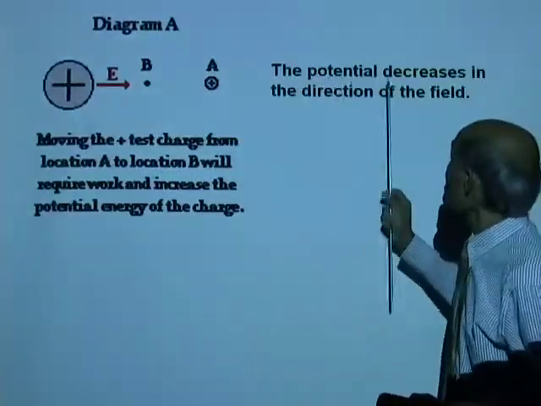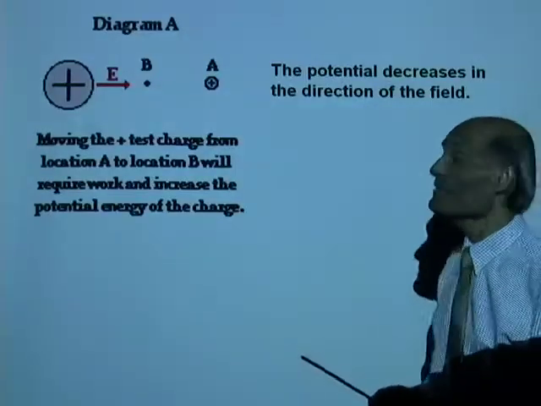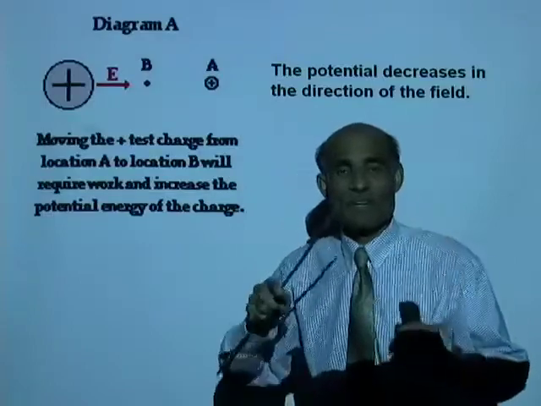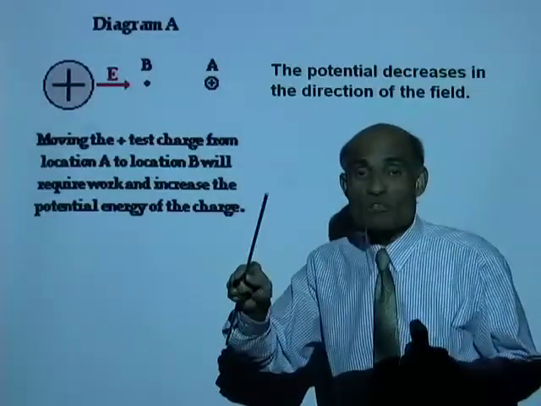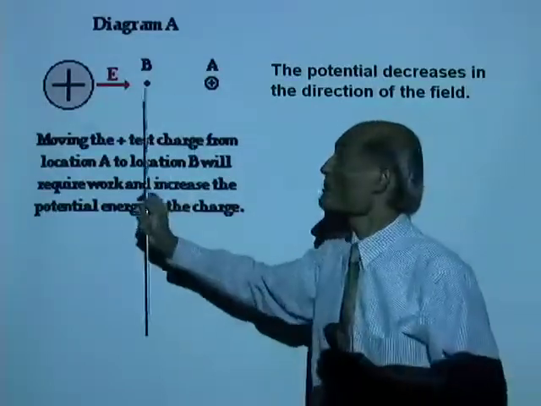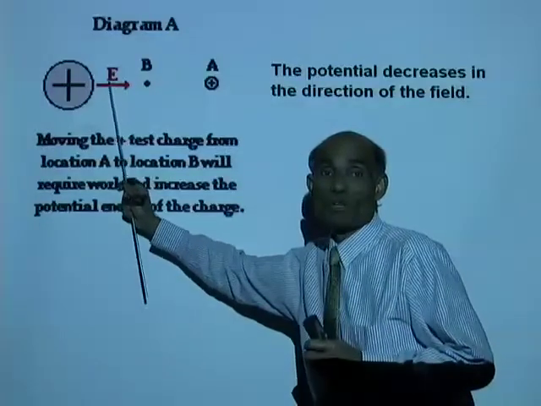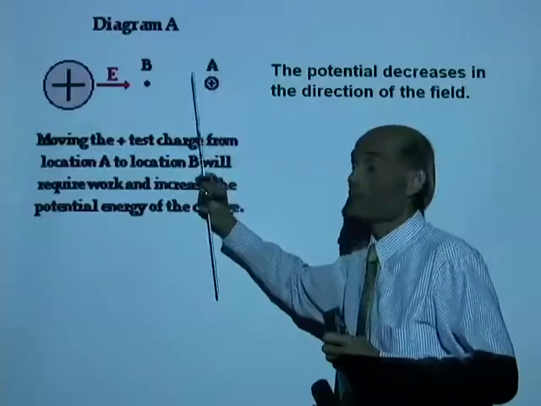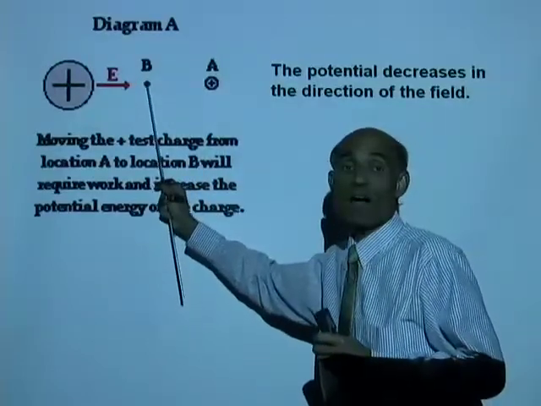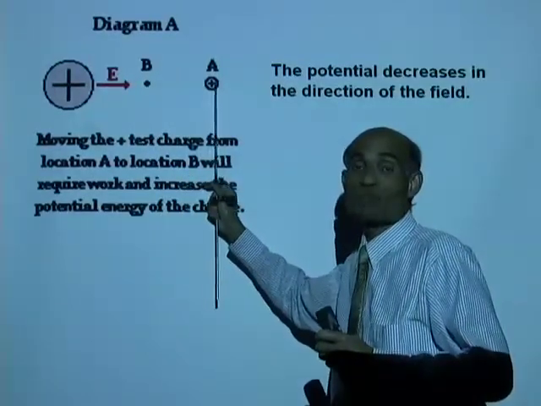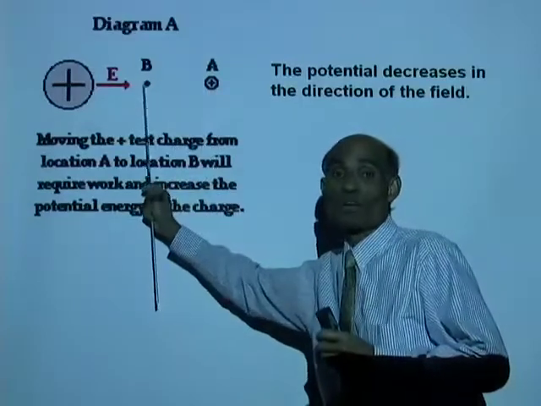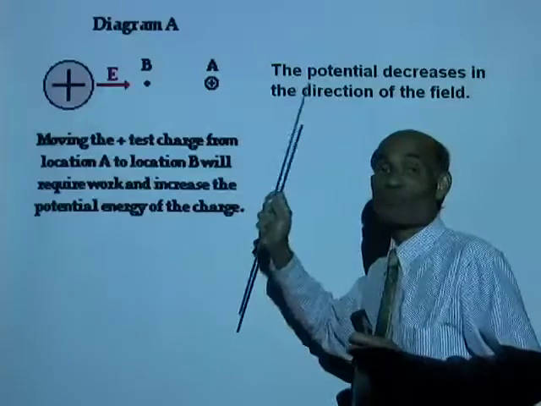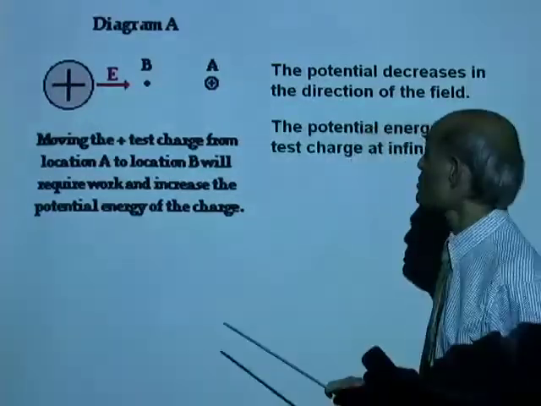Therefore, the potential decreases in the direction of the field. A very important concept. The direction of an electric field is the direction of decreasing potential. The electric field is directed from B to A. B corresponds to a high potential and A corresponds to a low potential. The direction of the electric field is the direction of decreasing potential.